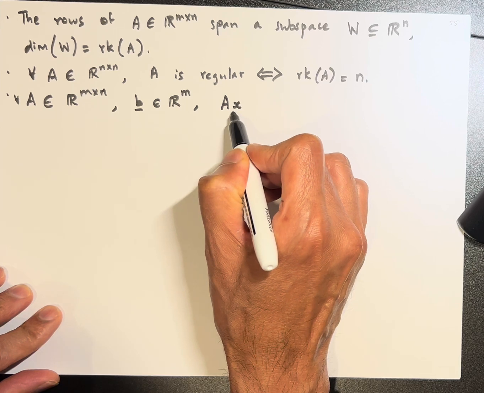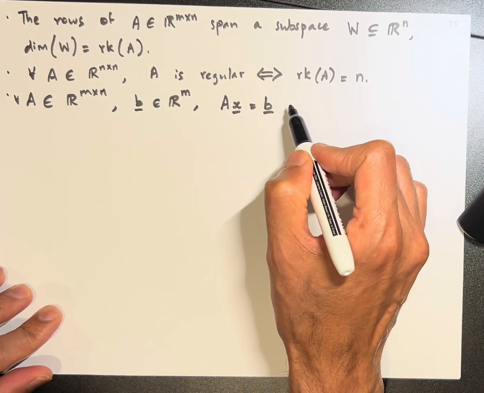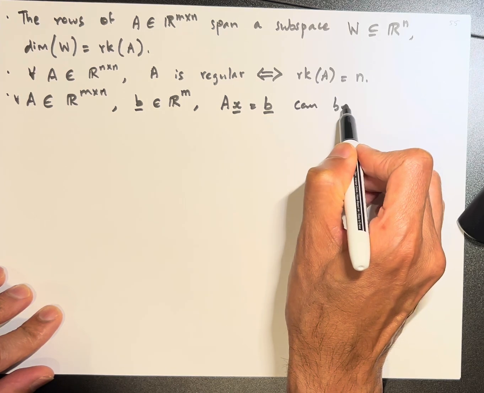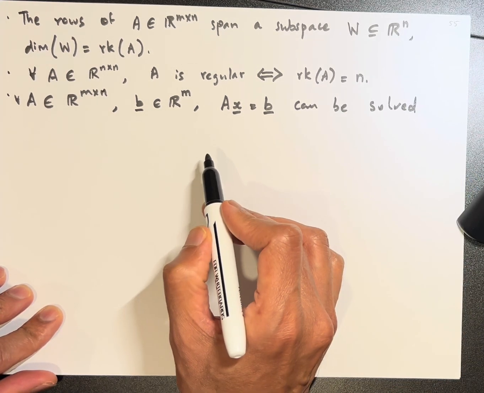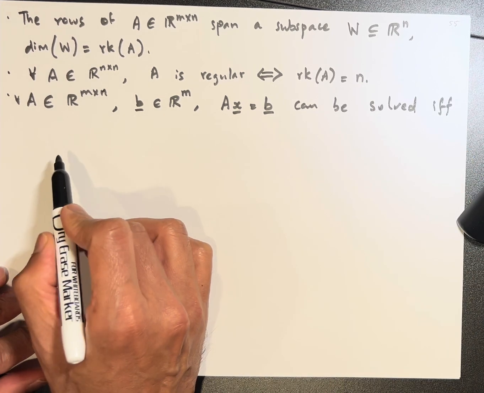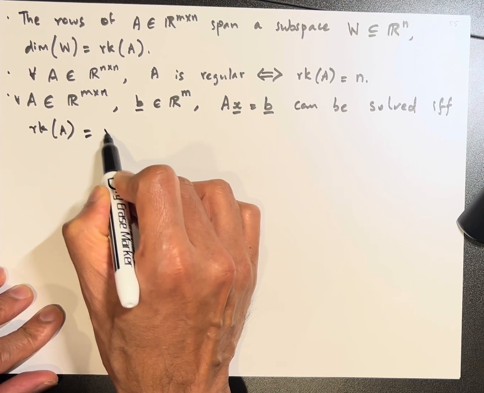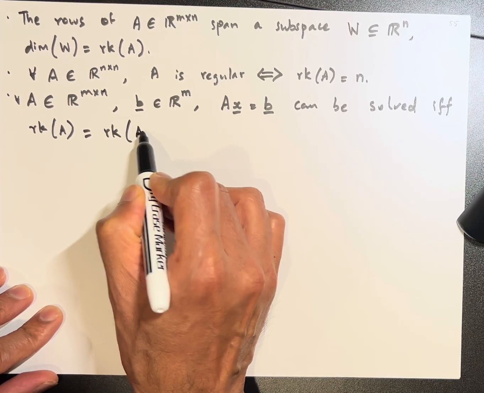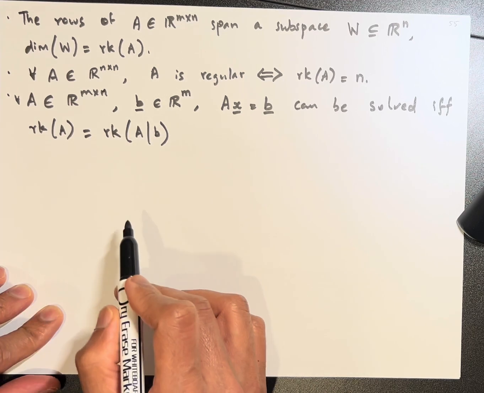Ax equal to B can be solved if and only if the rank of A equals the rank of the augmented matrix (A|B), right? These two ranks are equal.